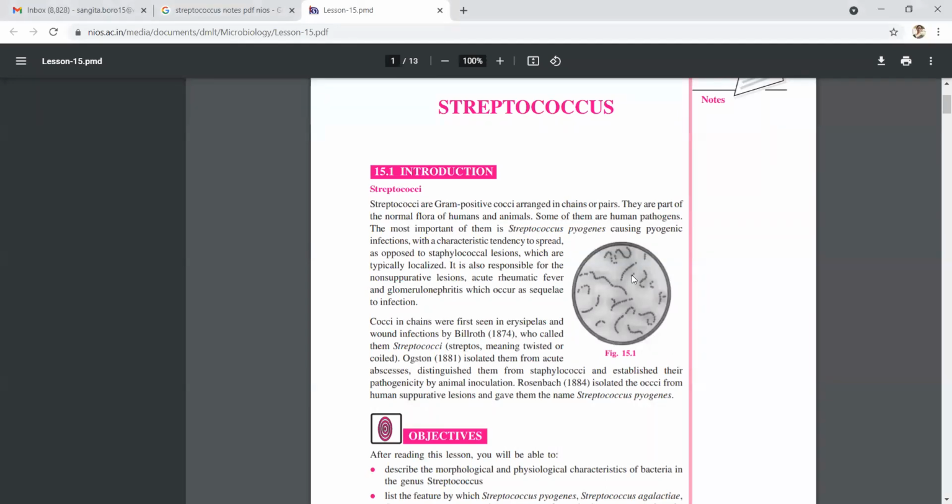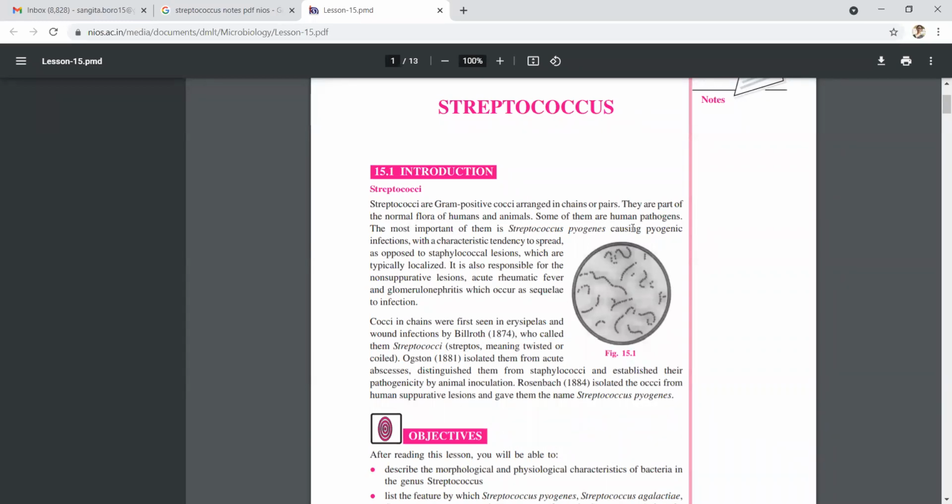Like this one which you see, they are present in pairs. Here you can see they are appearing in chain. So in both of the formations, you would find the Streptococci to be arranged. They are gram-positive bacteria, and the shape is circular, and that is why they are called cocci.